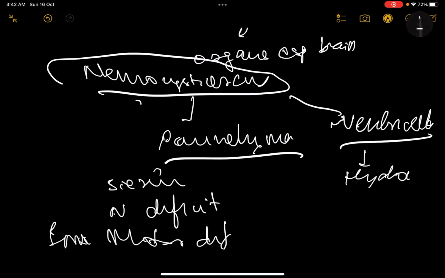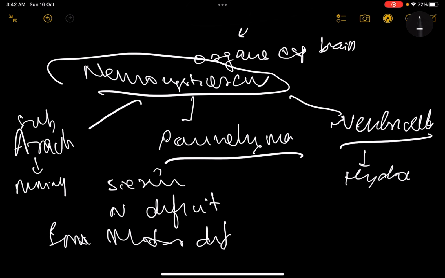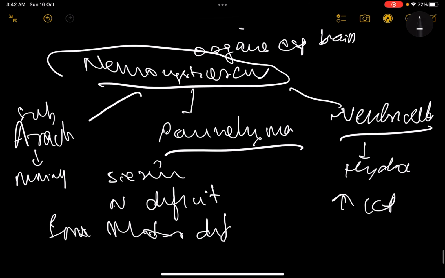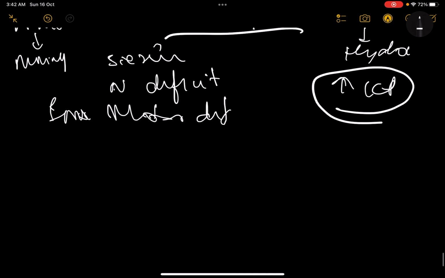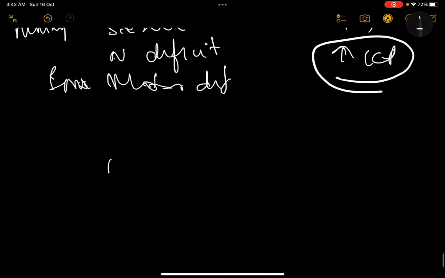Or if it's in the subarachnoid space, it can cause meningitis. So yes, this is a very dangerous disease. Keep that in mind. If it's hydrocephalus, it'll cause increased ICP, and because of increased ICP, there can be a lot of projectile vomiting, hypertension, vertigo, etc.